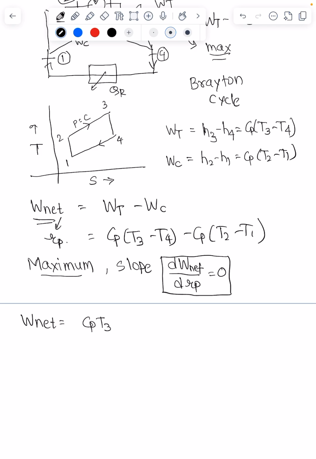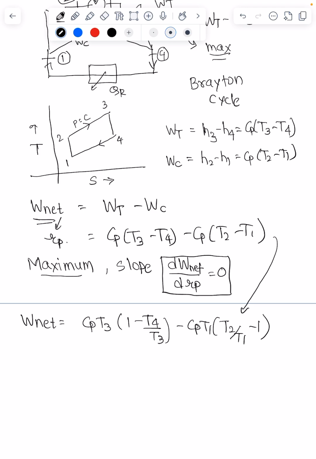mathematical jugglery. I take T3 outside, I get in the bracket 1 minus T4 by T3. I take T1 outside, I get T2 by T1 minus 1. I'm just rewriting this expression.